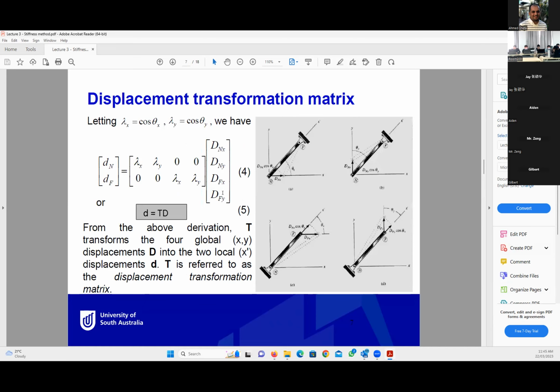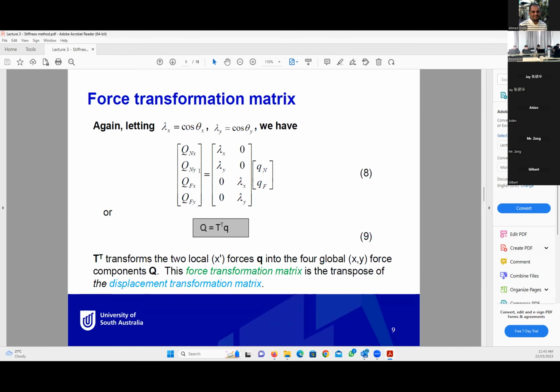In equation 4, we have the local matrix on the left side, and in this equation, we have the global matrix on the left side. Because we are using these equations to transform between both of them. If you have the local, you can get the global. If you have the global, you can get the local.